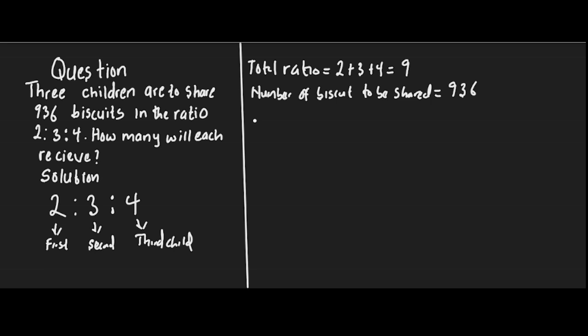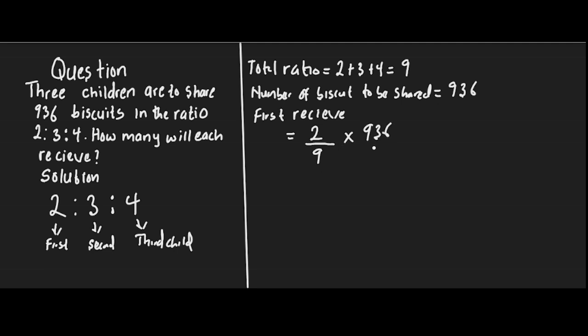The first is going to receive, the first has a ratio of 2. The first is going to receive 2, the ratio for the first, over the total ratio, which is 9, times the amount of biscuits to be shared, 936.